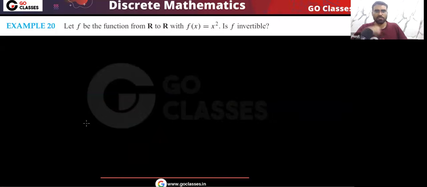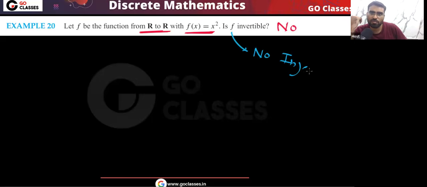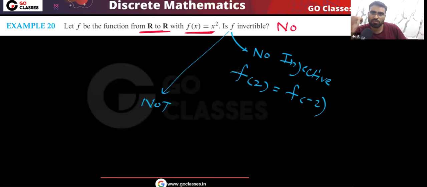Let's solve this question. Is this invertible? Function from real numbers to real numbers, f(x) equals x squared. Is this function invertible? This is not invertible. The reason is very simple. f is not bijective. It is not even injective. Why? Because you can notice f(2) is equal to f(-2). This is not onto also. Why?